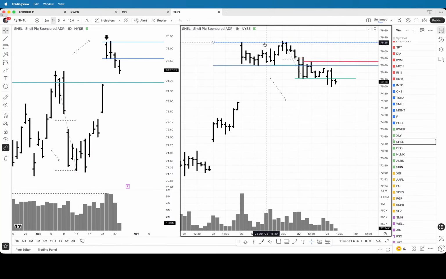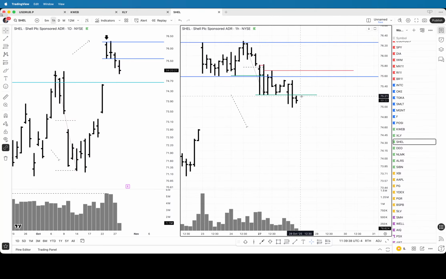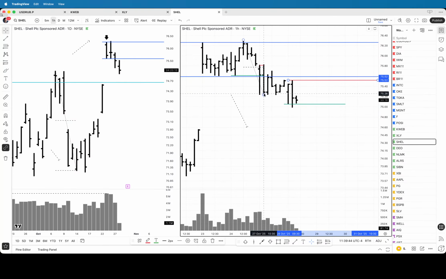Like right here. Volume top thrust, no test, just go. Yeah, that was a trade here probably.